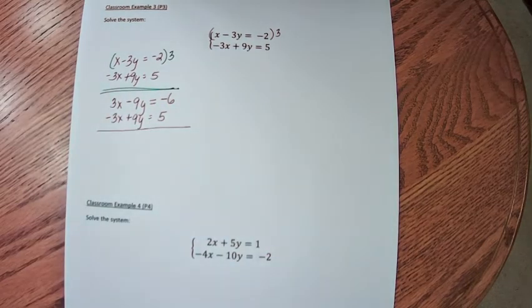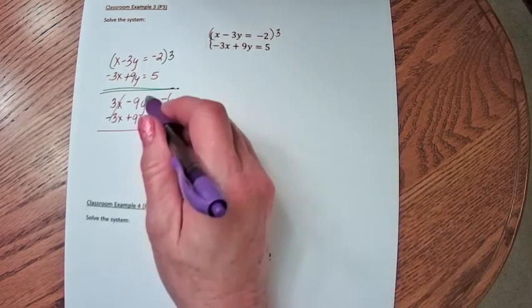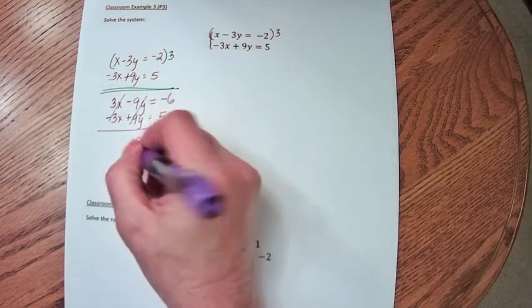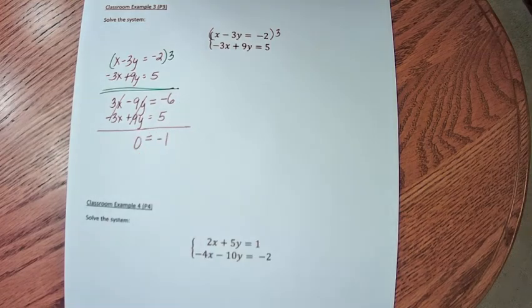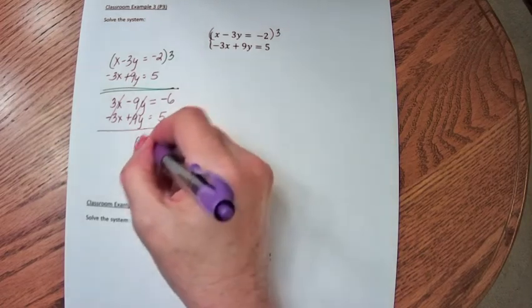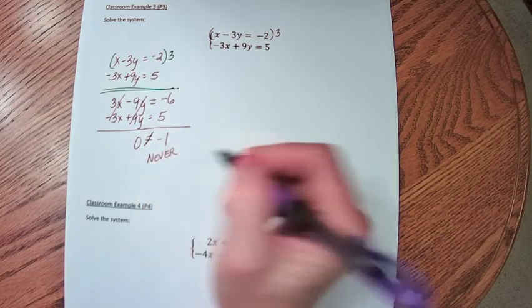And now I'm going to add vertically. Well, here the x's cancel and the y's cancel, so I'm left with 0 equals -1. When will 0 equal -1? Never. Contradiction.